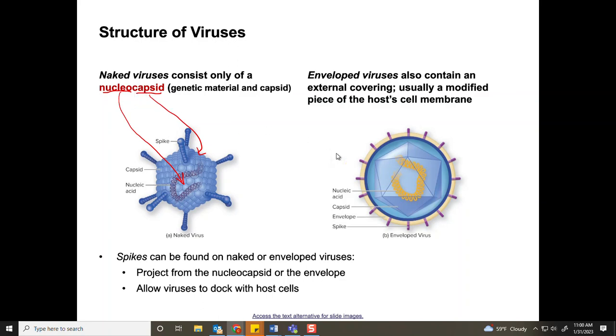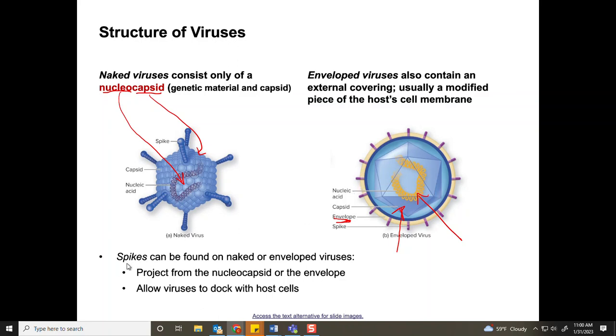So they have the capsid, which is shown in a light bluish color, and then the nucleic acids are located inside, but additionally it has this envelope that's surrounding it all around. So this is called an enveloped virus. It contains this additional covering that's typically going to be a modified piece of the host cell's membrane.